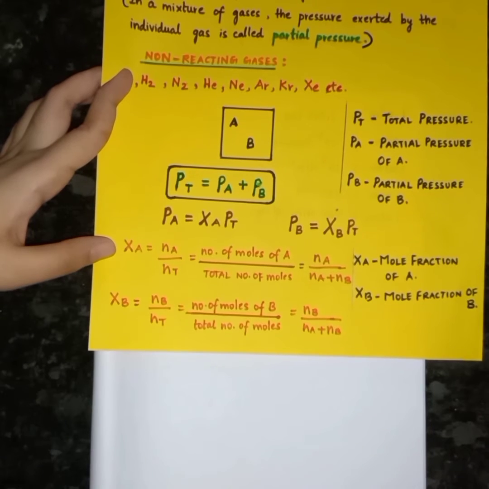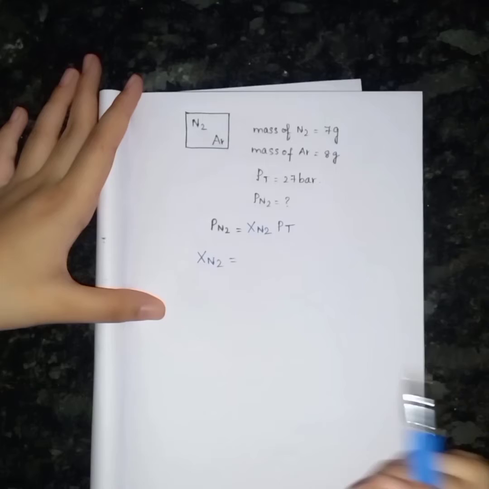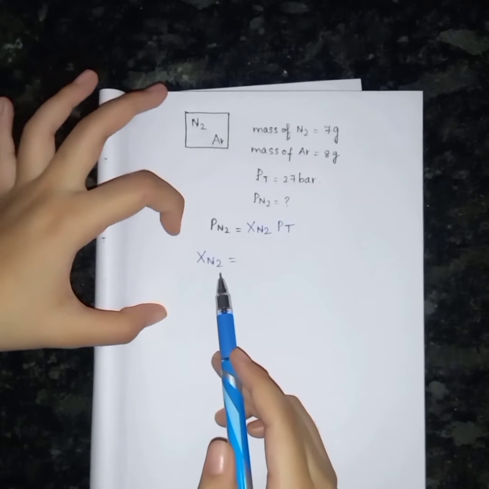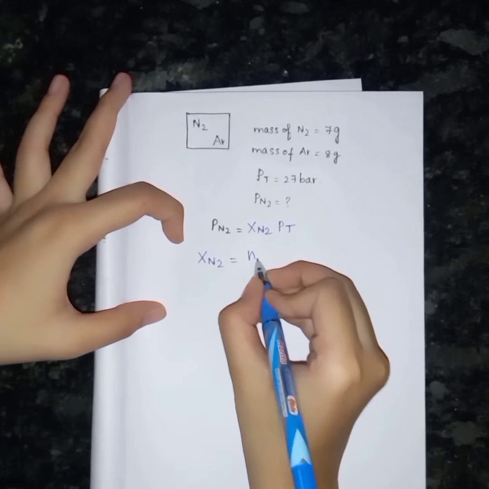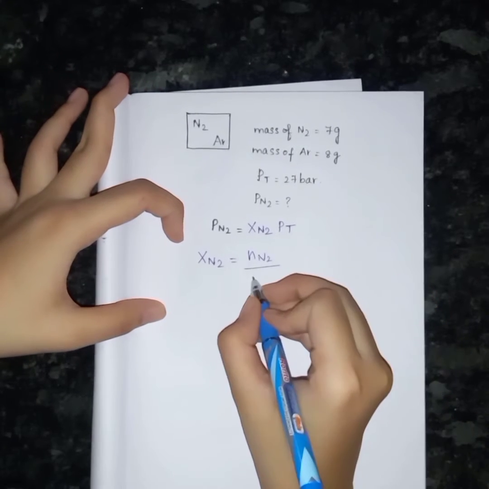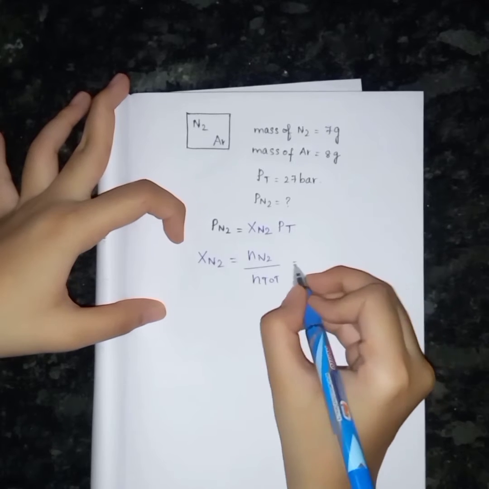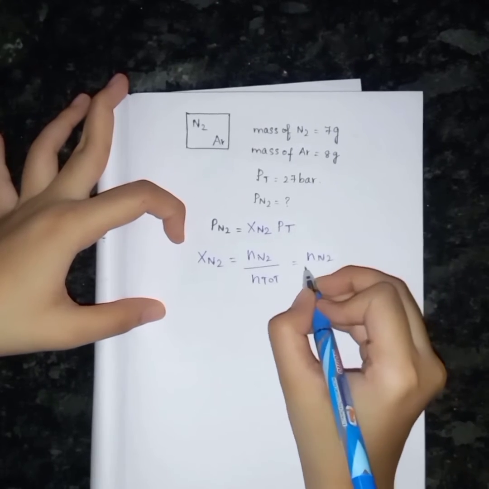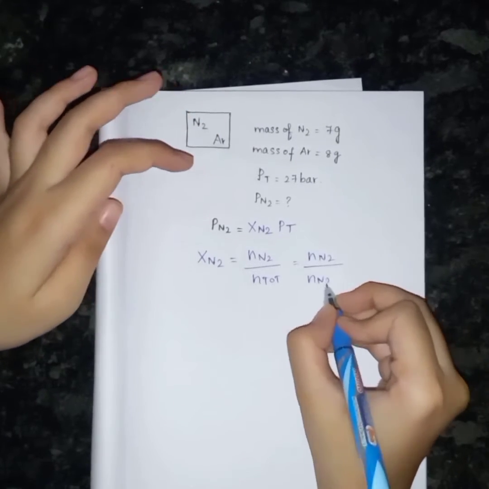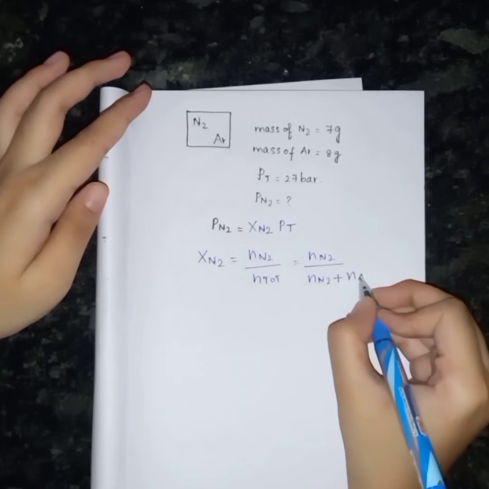We know that mole fraction of A is equal to number of moles of A divided by total number of moles. Therefore, mole fraction of N2 is equal to number of moles of N2 divided by total moles. Number of moles of N2 divided by number of moles of N2 plus number of moles of argon.